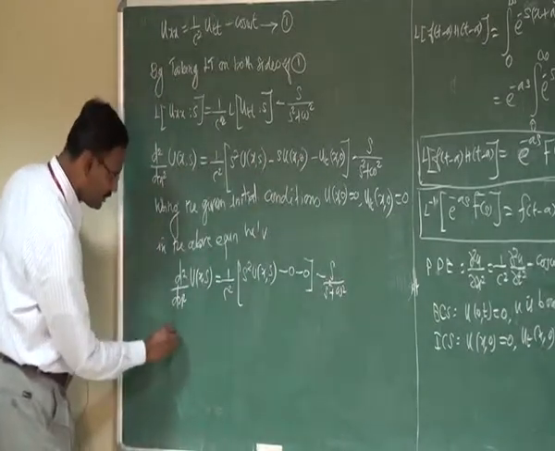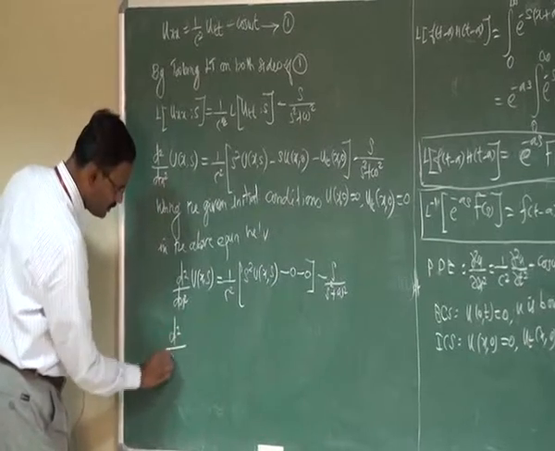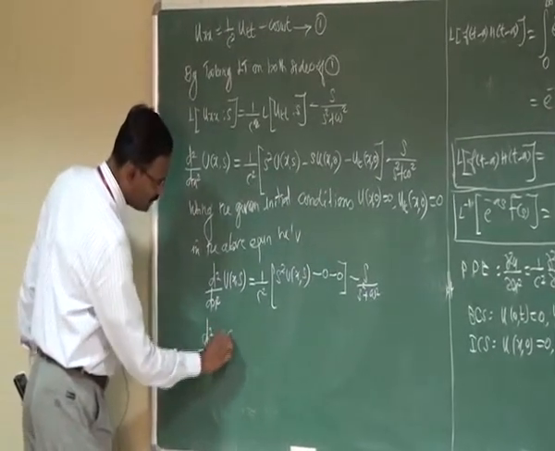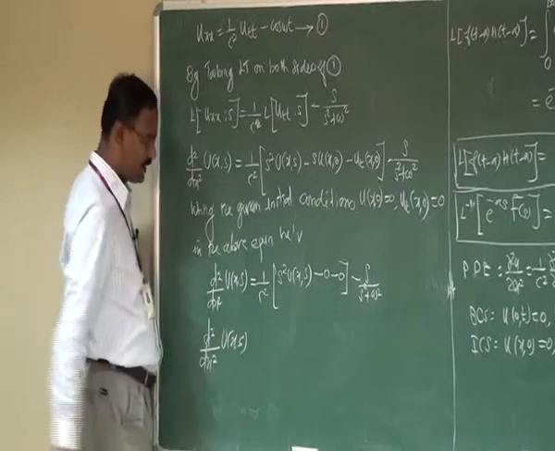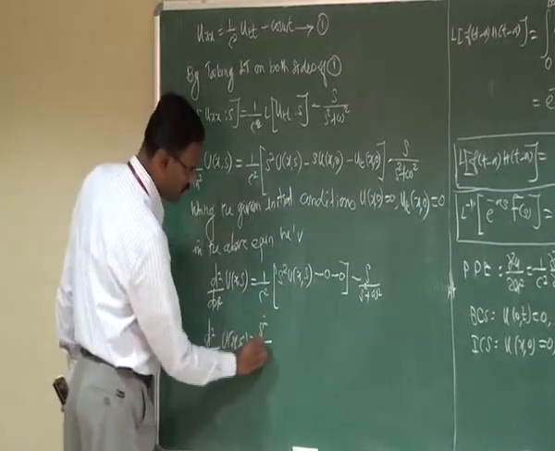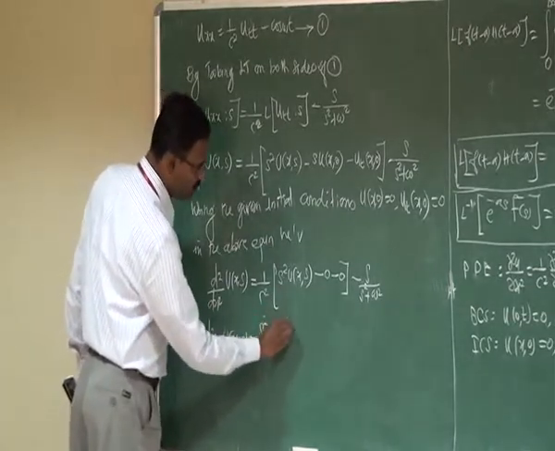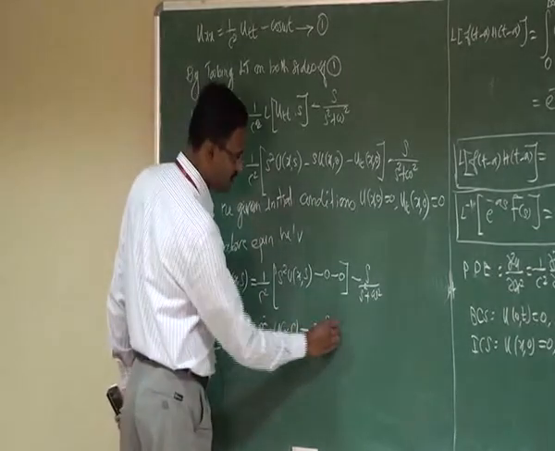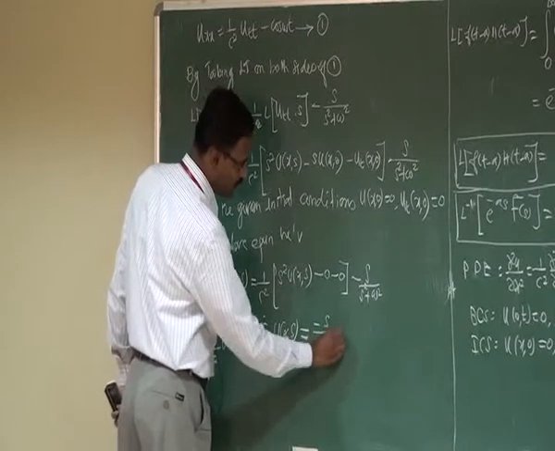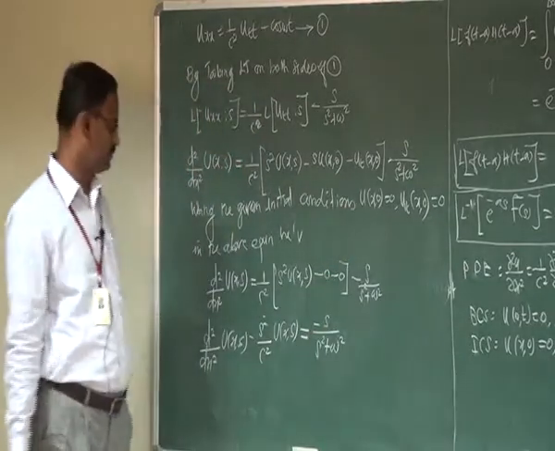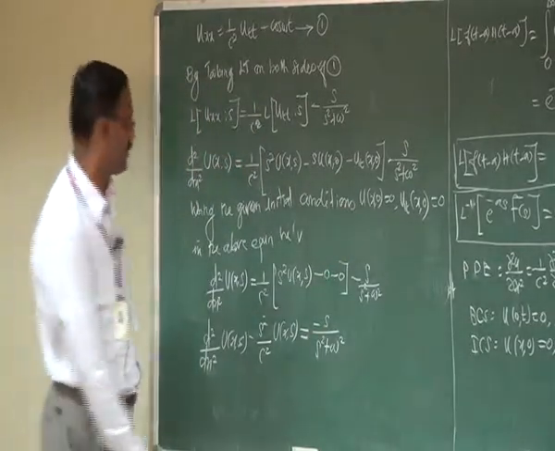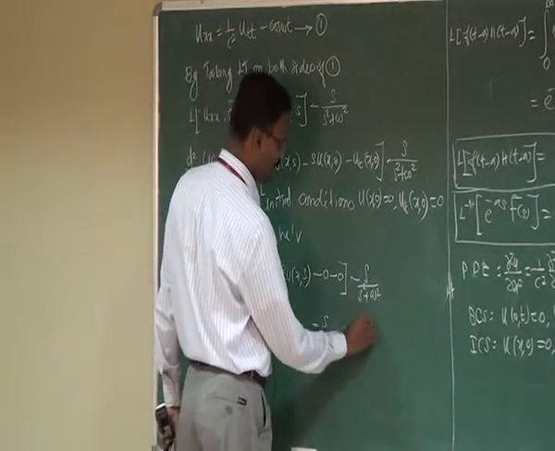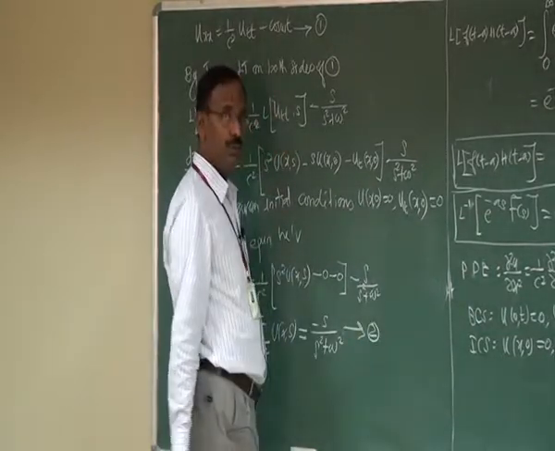Further, it is written as d square by dx square of u of s comma x minus s square by c square into u of s comma x is equal to minus s by s square plus omega square. Take it as equation number 2.